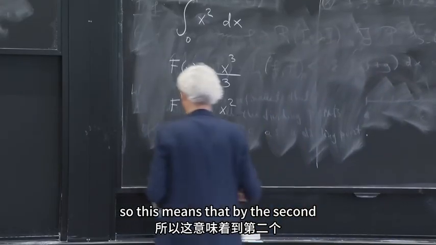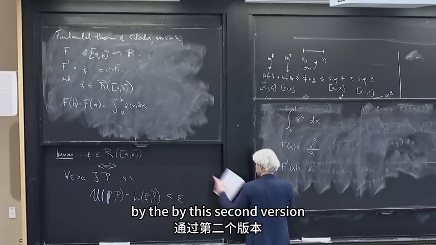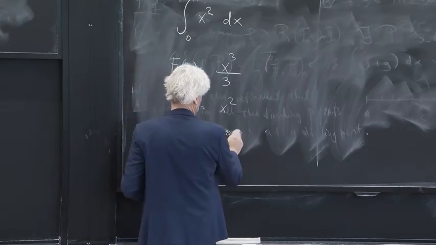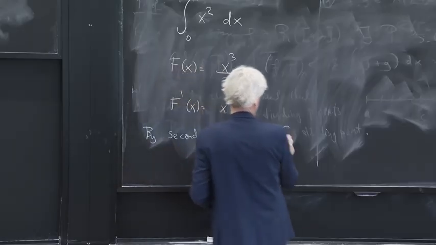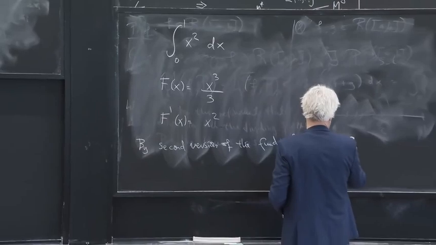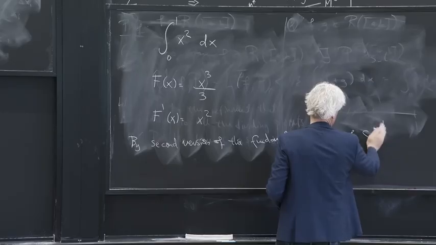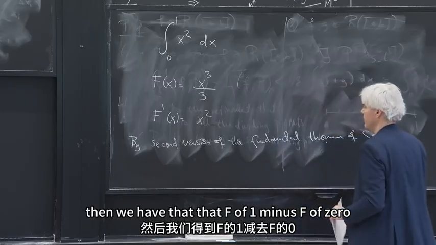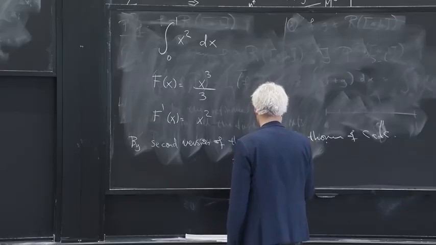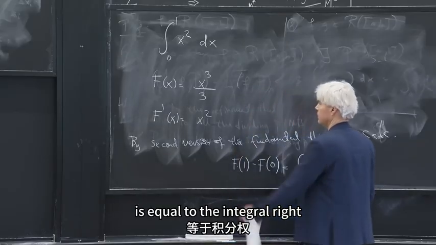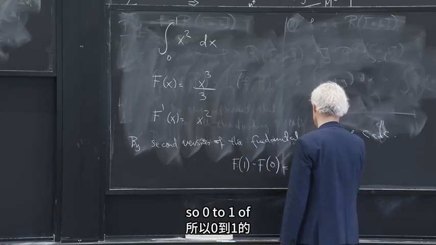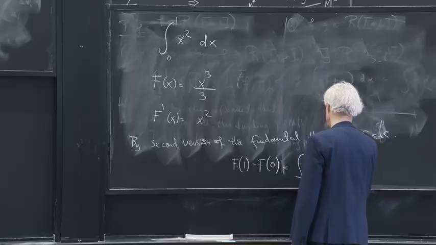So this means that by this second version of the fundamental theorem of calculus, we have that F of 1 minus F of 0 is equal to the integral of the derivative, because the derivative is integrable, from 0 to 1 of x squared dx.